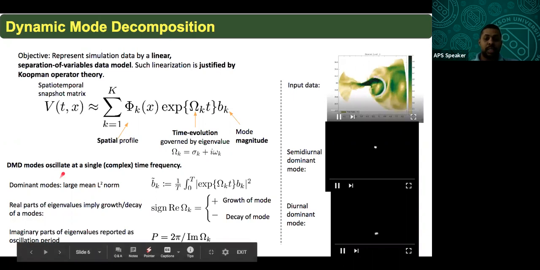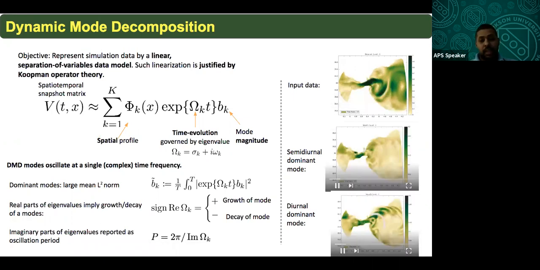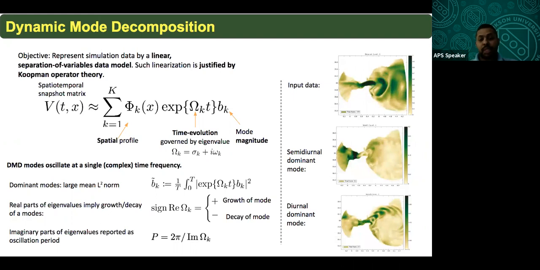First, we rank these modes by the L2 norm, or the L2 contribution. Then we can categorize those modes by checking their eigenvalues.